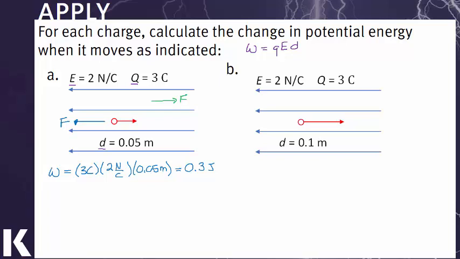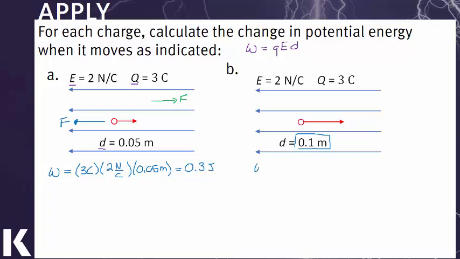Here we have the same electric field, 2 newtons per coulomb. We have the same charge, but notice our distance, this 0.1 meters, is twice the distance as we saw in part A. So qualitatively, if we have double the distance, we would expect to see double the increase in potential energy.